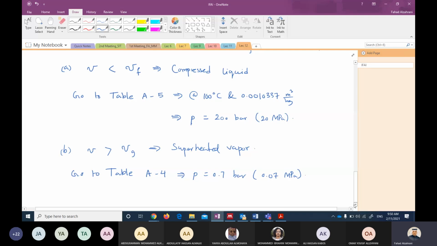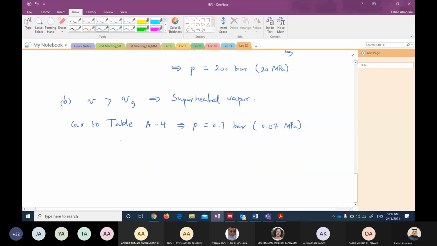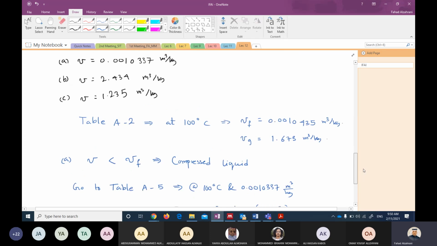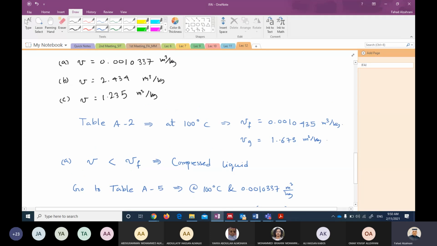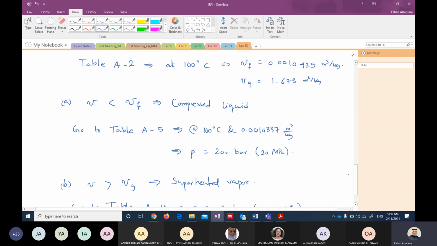Okay, the last part, C. What do we notice? My V is 1.235, which is in between. Whoever says they searched and didn't find it, you will not find it, because this is a saturation state.